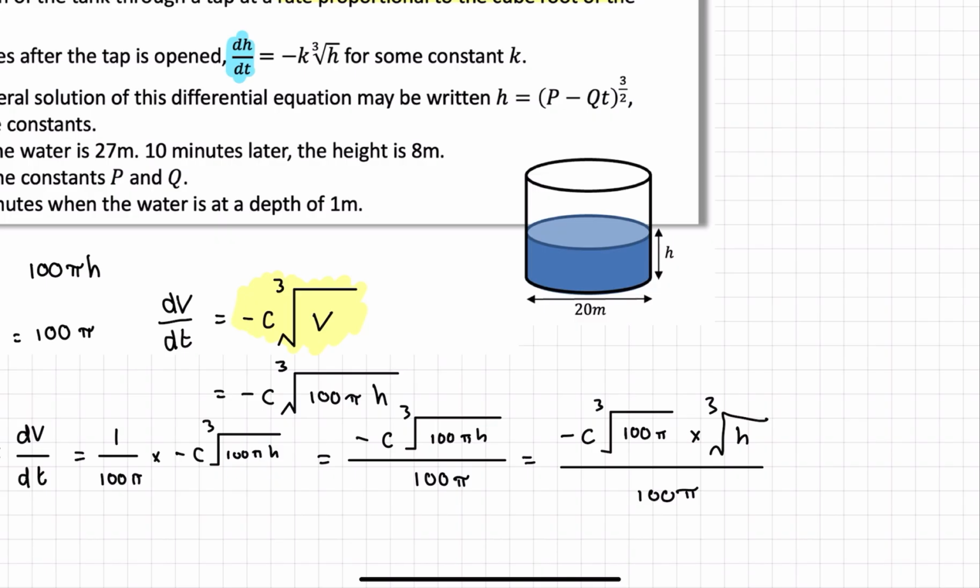So minus k in the question equals minus C cube root 100 pi all over 100 pi. So therefore k equals, I can make it positive now, C cube root 100 pi all over 100 pi. Okay, that's the first part done there.